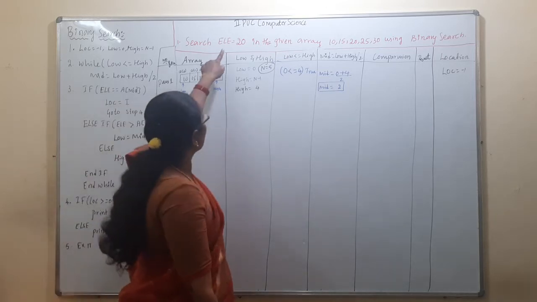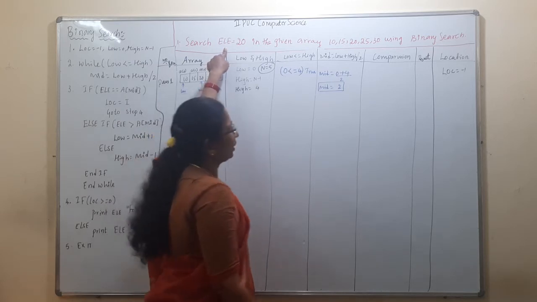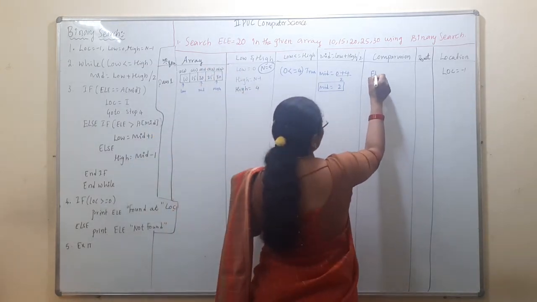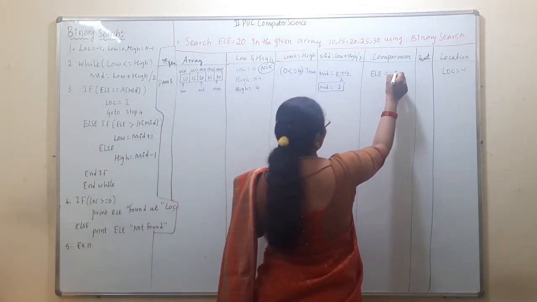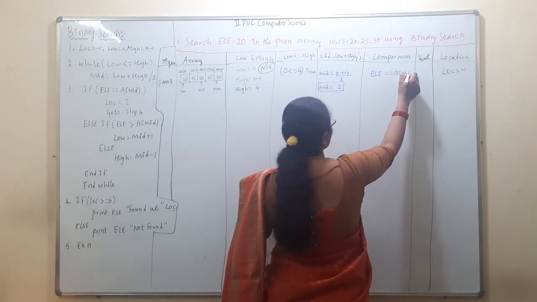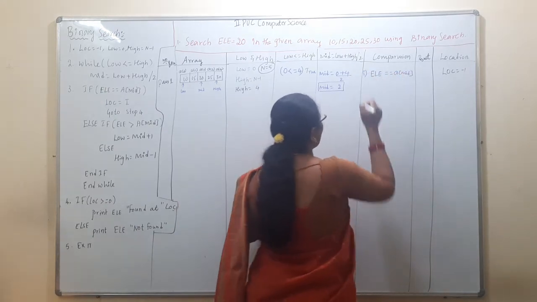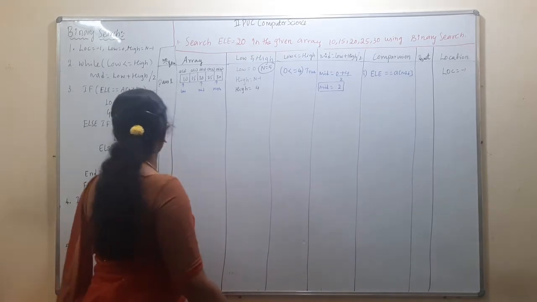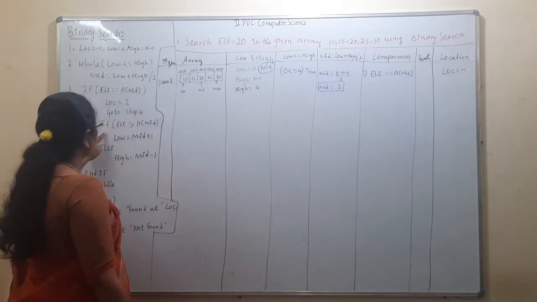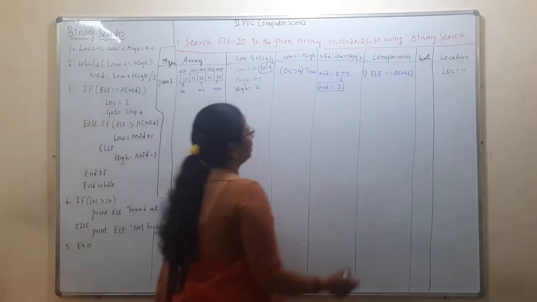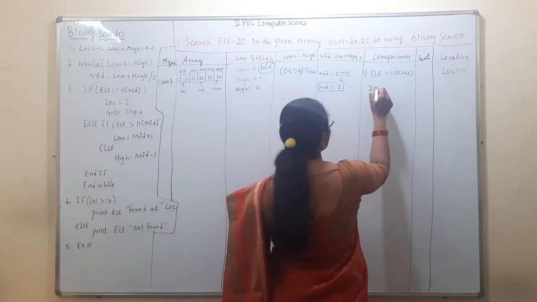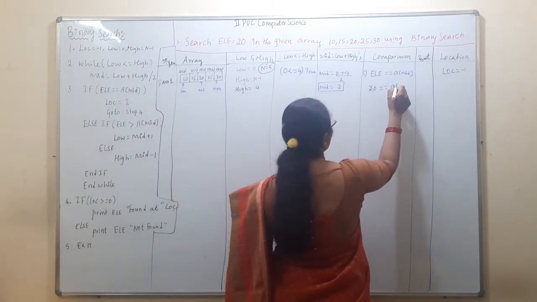What is my searching element? Searching element is 20. Element equal to A of mid. This is called condition number 1. Condition number 2. Condition number 3. Yes, my searching element is equal to A of mid.